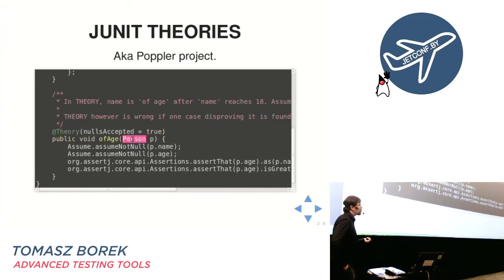Okay? So in principle, there is a nullAccepted parameter, which is a boolean, so true or false. However, I noticed no results for this being true or false when I use theories. So in the end, I went with assume, assumeNotNull. Just so you know.